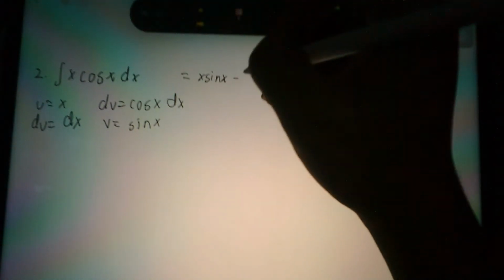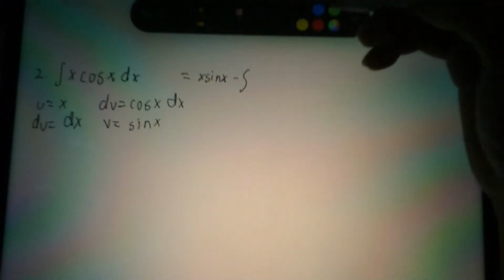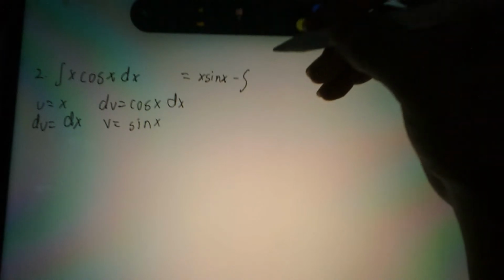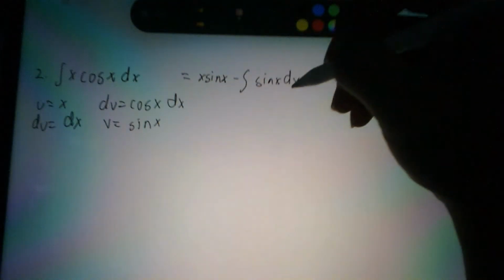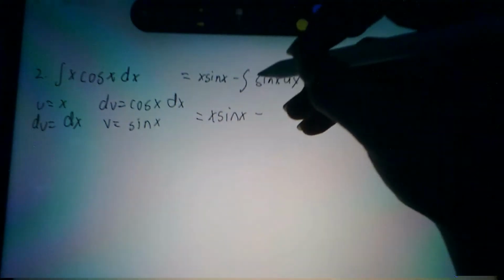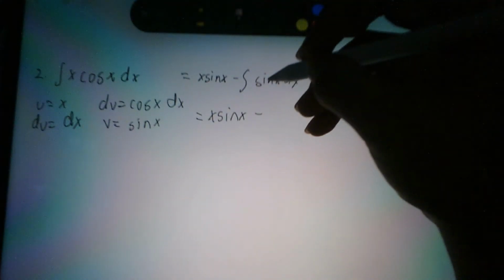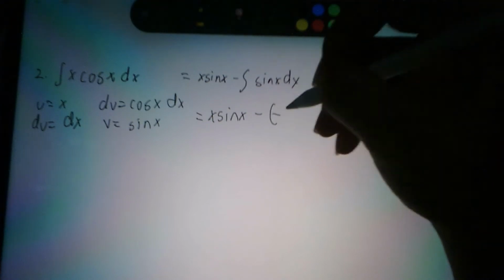Now we have our values. Let's rewrite that as uv. Our uv here is x sine x minus the integral of v du, which is sine x dx. So x sine x minus the integral of sine x, which is negative cosine x.